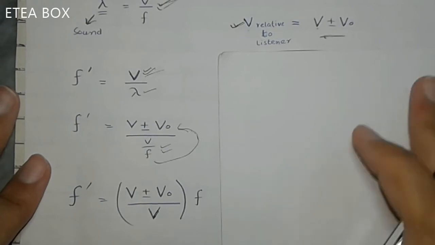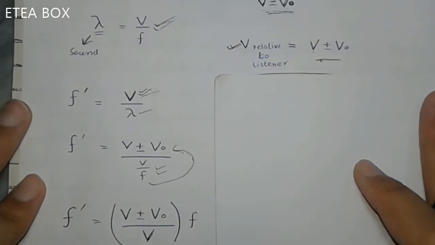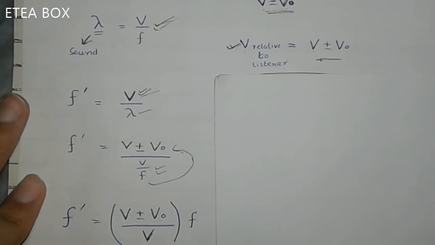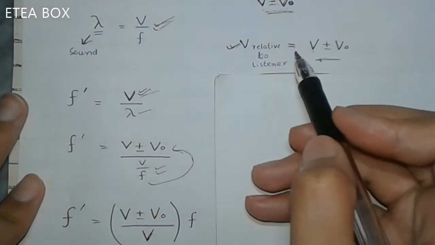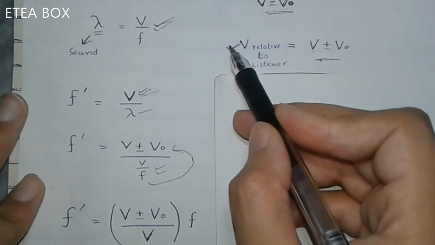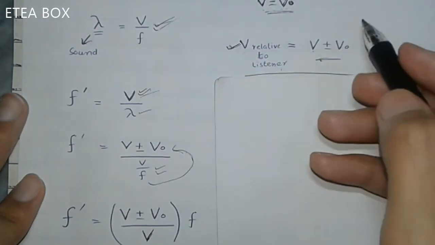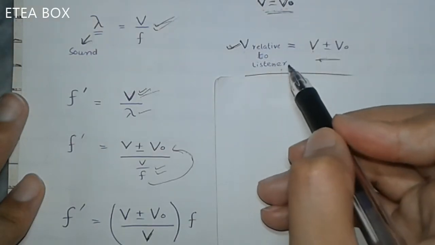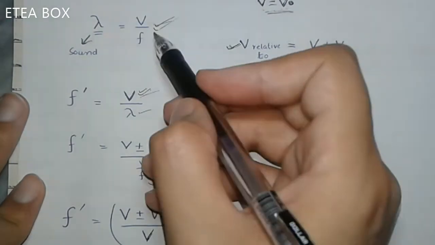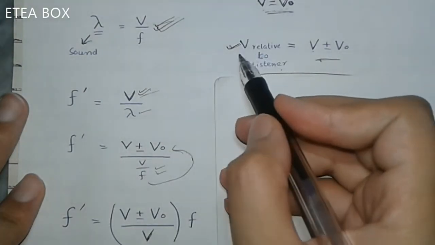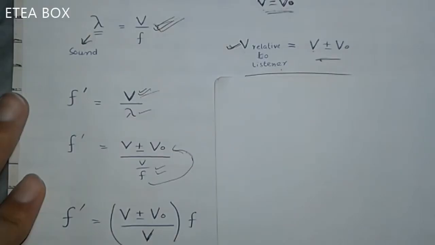Now in the MCQ, what is required is the reason for the change in frequency when the source is stationary. The reason is the speed of sound relative to the listener. The change in frequency is due to the speed of sound relative to the listener, and the wavelength remains the same.